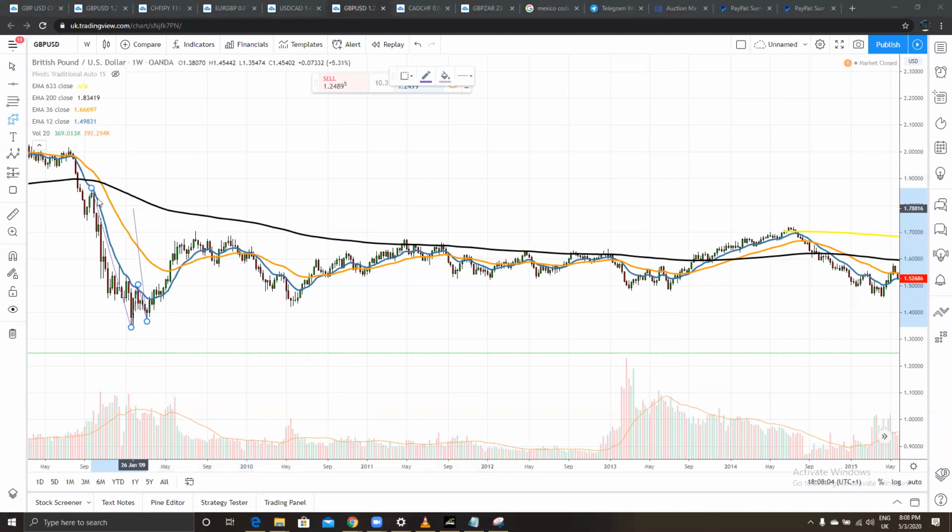But the bears, who were in control before now, will still want to stay in control, which means when price reaches the area of the 200 EMA, that's the time they want to start defending their position again. They are more than happy to take some profits in this area and then come back in to continue the downtrend.